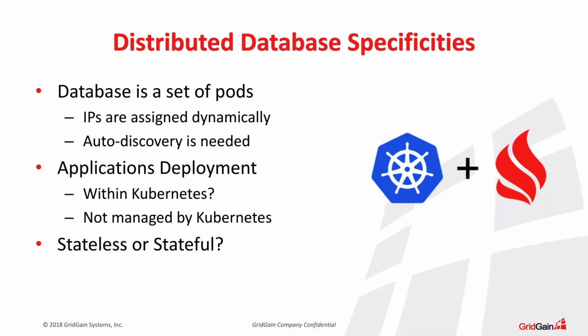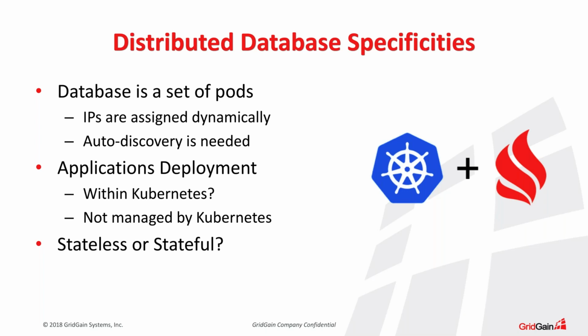First, in Kubernetes, usually all the IPs for your pods are assigned dynamically, only after your pods are started, which means that your distributed database needs some special component that is able to pick up an assigned IP address, find out the IP addresses of existing nodes in your cluster, and only after that connect every node with each other.